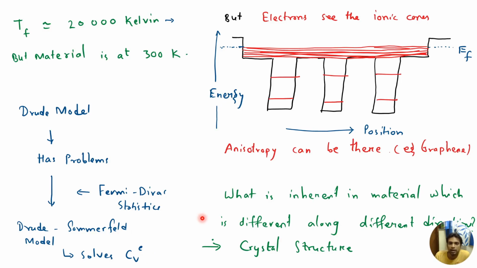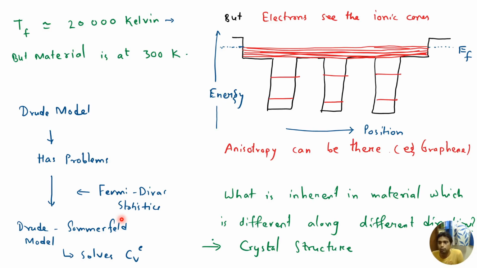Okay, and till now, even in the Sommerfeld model as well as in the Drude model, the electrons behave like they are contained in a room, and there is no sense of directionality anywhere the electron can go. But in reality, we see the properties of materials are anisotropic.